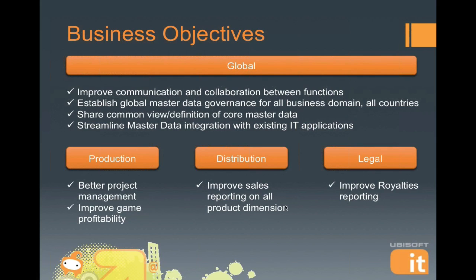So for specific organizations, production wanted a better way to manage projects and improve their game profitability. And they do that through defining consistently the way that they produce different games. Typically, video games are developed on different consoles, whether it's an Xbox or a PlayStation or a Wii or online or Facebook or mobile games, and we're getting to the point now where those are all connected.